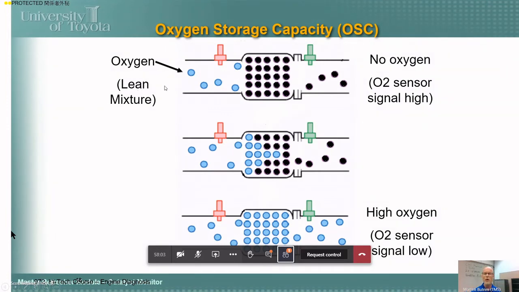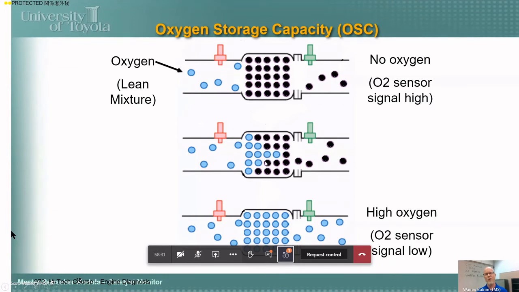Because all those black dots inside of that cat indicate a lack of oxygen available. As the car's driven down the road, it's going to go rich, lean, rich, lean. Sometimes it needs more oxygen, sometimes it doesn't. In this case, it does. So the ECU is going to cause a lean condition, and the cerium is going to start absorbing oxygen.